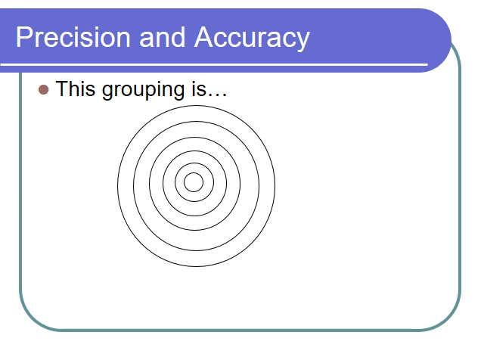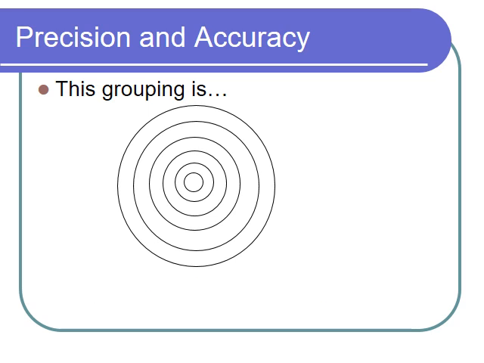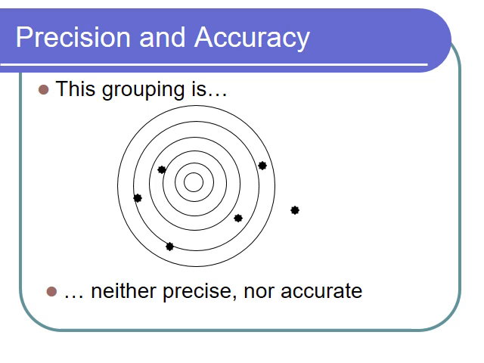This grouping is precise. They're all very close together, but not very accurate, not close to the center of the target. This grouping is neither precise nor accurate.